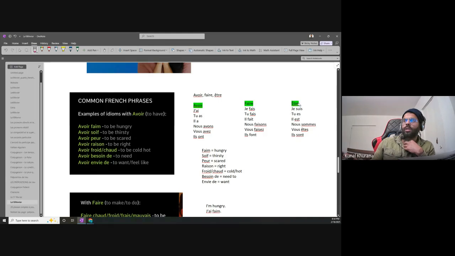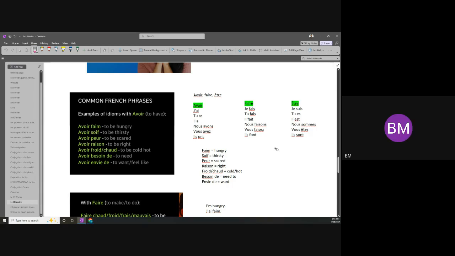Alors, la conjugation, si vous voulez lire, je vous laisse lire aussi. Allez-y. If you want to read these, please go ahead: the conjugation of avoir, faire and être.